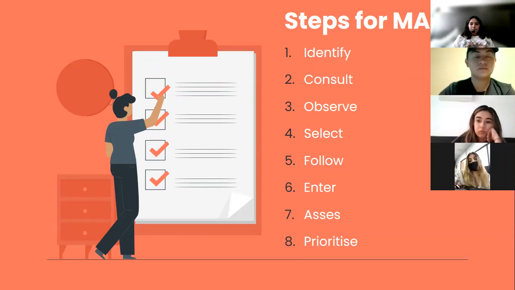Then we observe how the risk will develop and select the type of risk it is. After this, follow the assessment applied by the MAC. Enter the risk and observation in the chart, assess it, and this way we can prioritize so we can eventually eliminate it in the future.